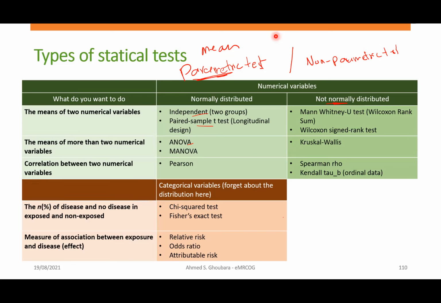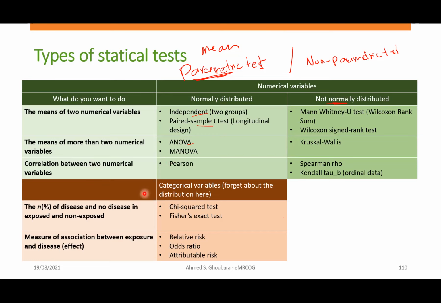And lastly, for the numerical data, what if you want to find a correlation between two numerical variables, like dose of labetalol versus the blood pressure, or dose of the chemotherapy versus the cancer size, the size of the metastasis. Again, you collect the data, then you do the normality test.